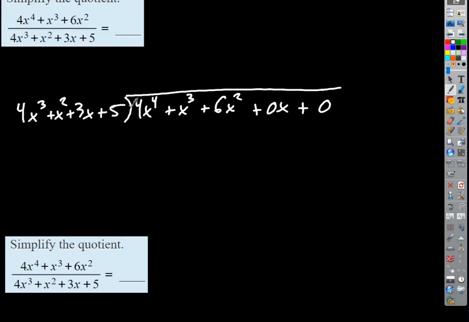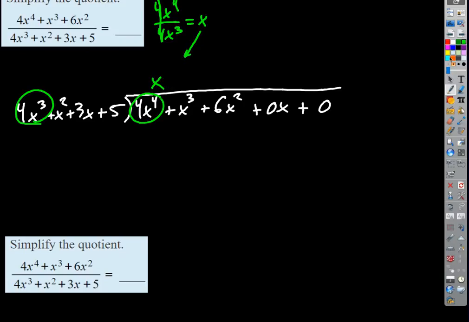Okay, and now we just have to figure out how many times does, what is 4x to the 4th divided by 4x cubed? Well, the 4's cancel. X to the 4th over x cubed is what? So x is the first term.